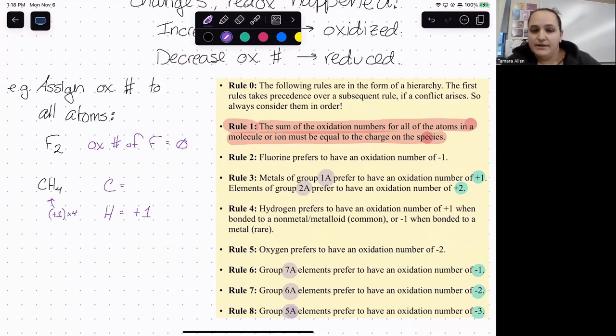Each atom has a +1 oxidation number times 4, and then carbon doesn't have a rule, so all we have to do is make sure that rule 1 is satisfied. So if we have 4 hydrogen atoms, each with a +1 oxidation state, that means that in this compound, the carbon must have an oxidation state of -4.